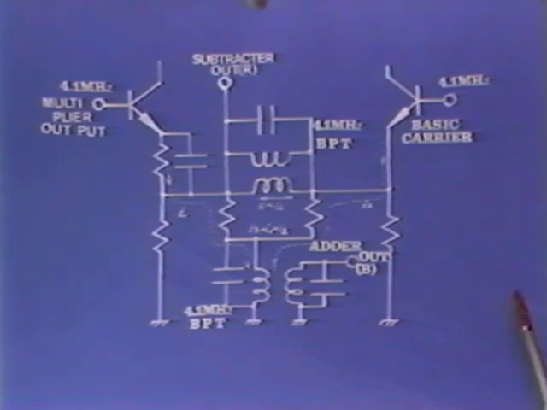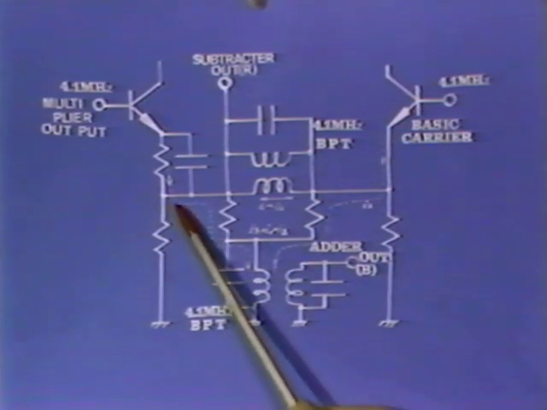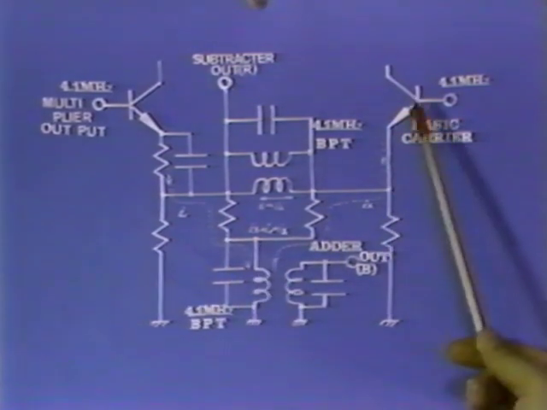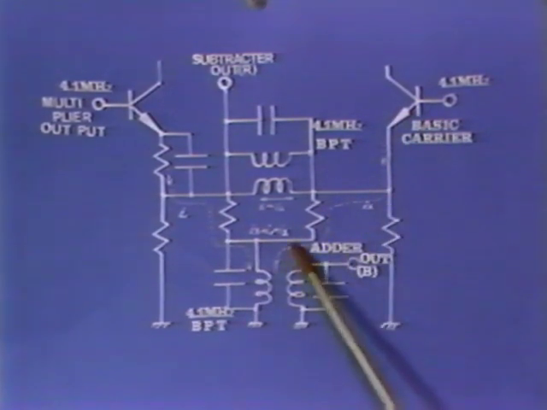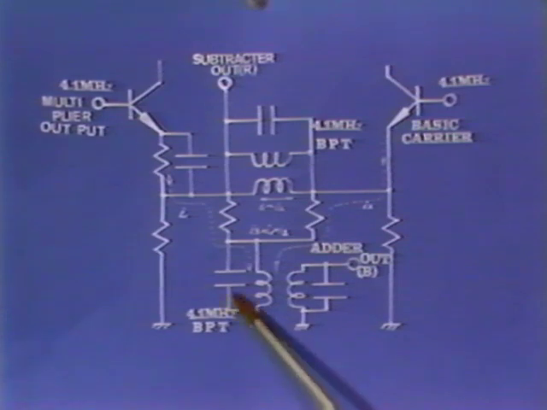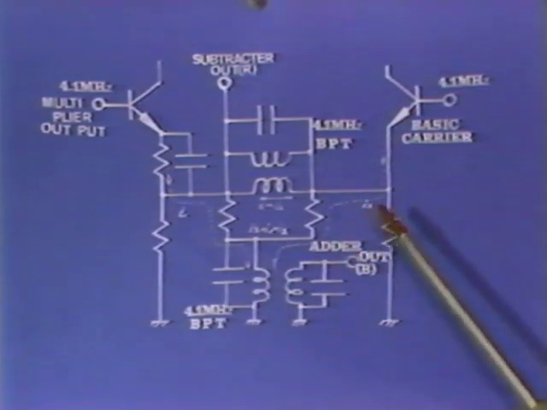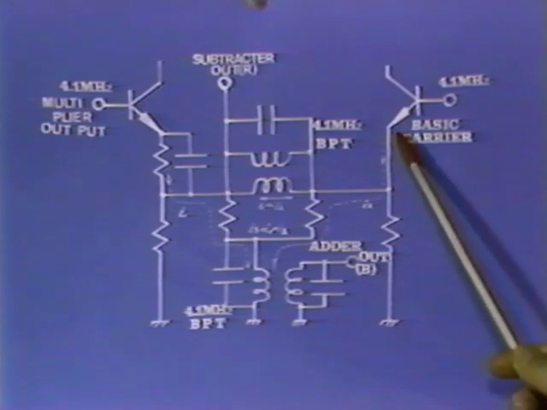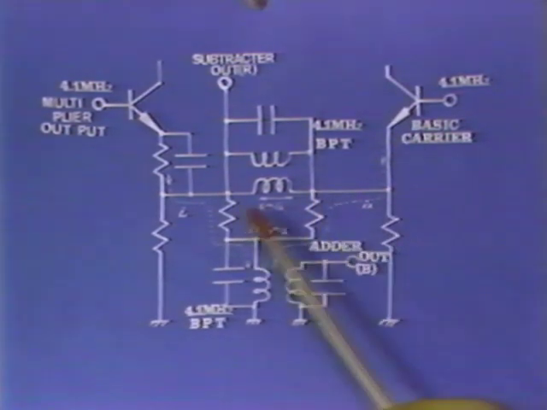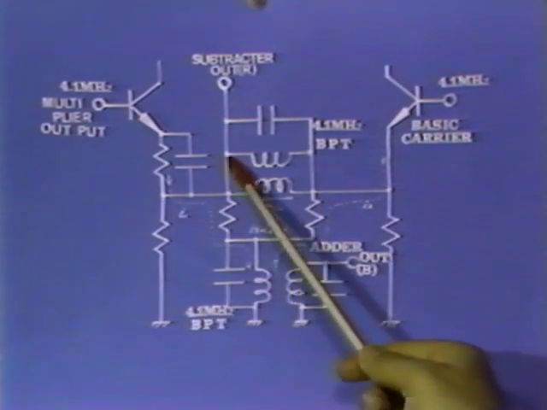To obtain the sum signal, there sits a 4.1 MHz transformer on the pathway of the I1 and I2 composite current. To take out the difference, there put another 4.1 MHz transformer in between both emitters.